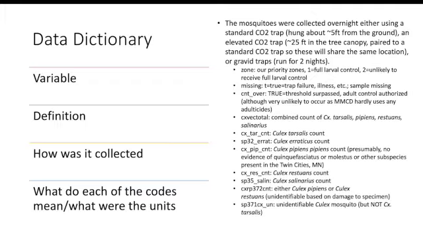Here on the right, I have an example of a more casual data dictionary. This is actually from a data set that was shared with me by a mosquito control district. And you'll see that the first point is how the data were collected. So it's describing to me what standard elevated traps are, what gravid traps are, and how the timing of the collection was.